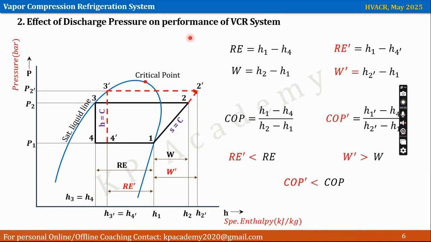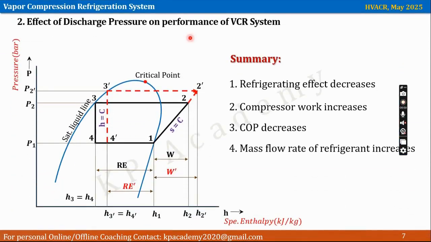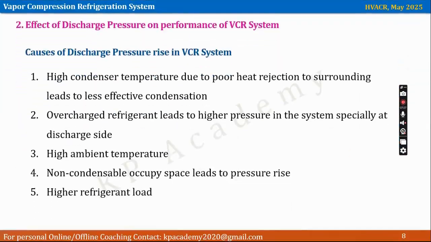So the summary: because of higher discharge pressure, the refrigerating effect decreases, compressor work increases, and because of that the COP of the system reduces. Mass flow rate of refrigerant increases. Why does the mass flow rate of the refrigerant increase? Because the compressor is working harder, and if the compressor is working harder, mass flow rate of refrigerant increases, okay.